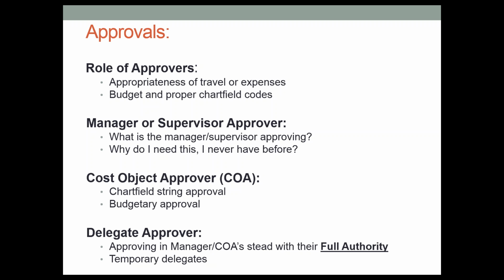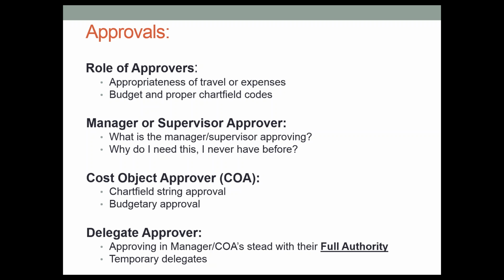As I said, there are a lot of people who have never needed this before. It has always been required, but kind of overlooked. Now the system with an automated audit trail is going to require that this type of thing happen all the time. The second level of approvers is what Concur calls the cost object approver. For lack of a better term, this is the chart field owner.